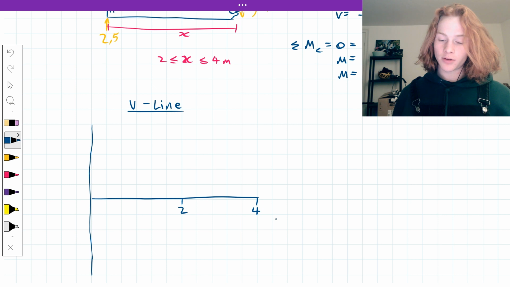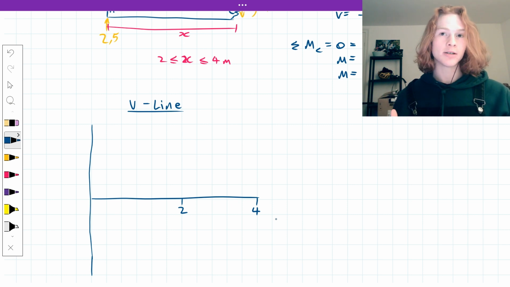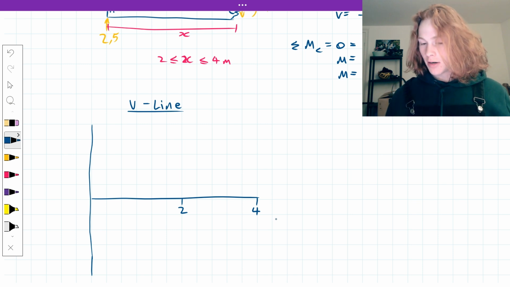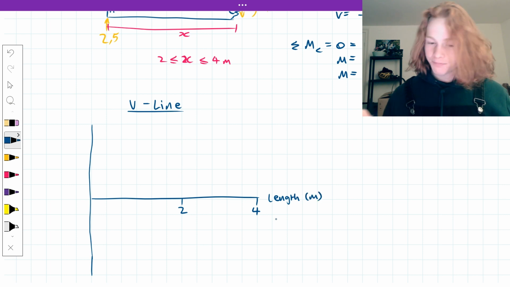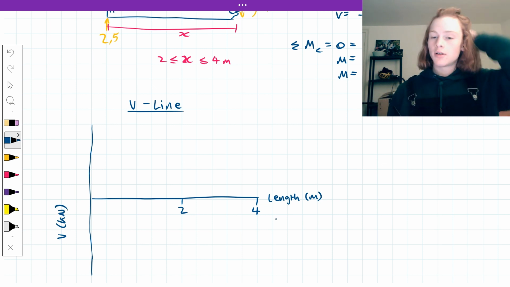I'm going to include the intermediate external force, which is at 2 meters. This is length in meters, and this is V in kilonewtons.